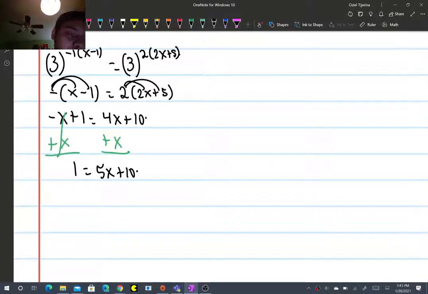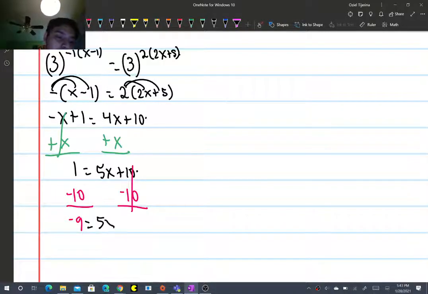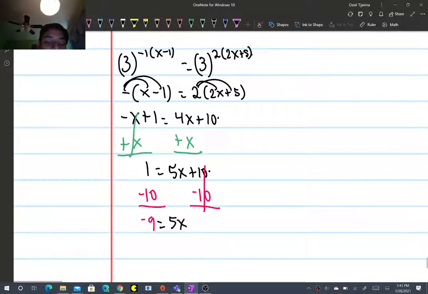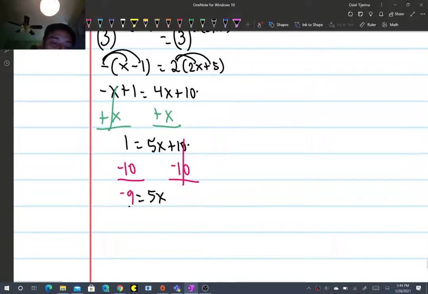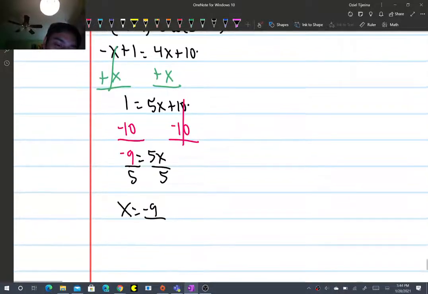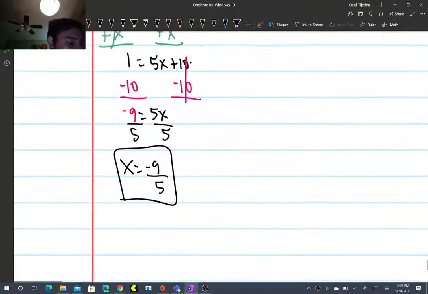You're going to go ahead and subtract 10 on both sides. Okay. And then this cancels out, you're going to say negative 9 is equal to 5x. And then from there, you're just going to go ahead and divide by 5 on both sides. And that'll give you x equals negative 9 fifths. Okay? And that's your answer for that one.